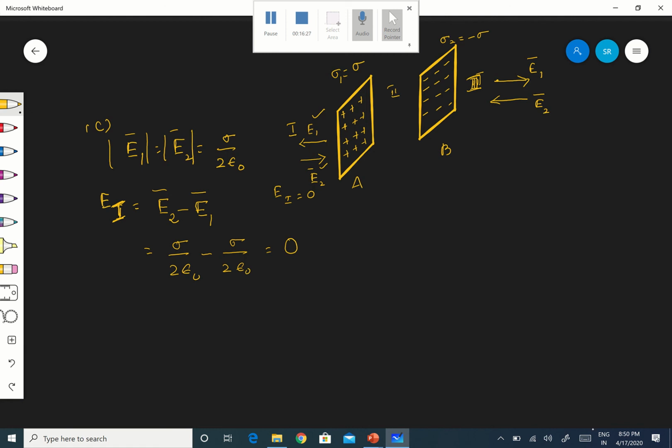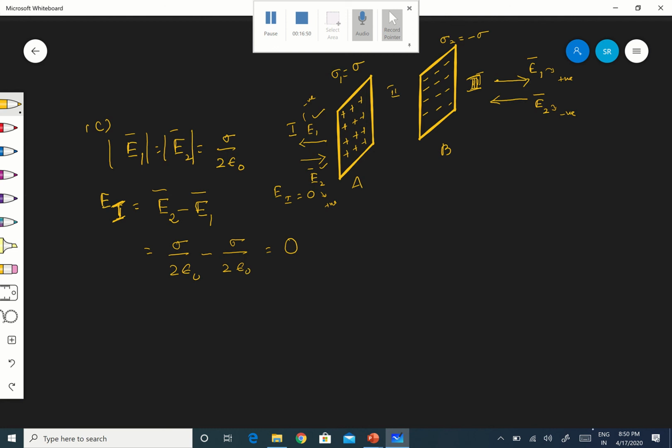Here E1 is positive and E2 is in the negative direction, according to the sign convention. But both the magnitudes are the same. Once again, E1 is equal to E2.